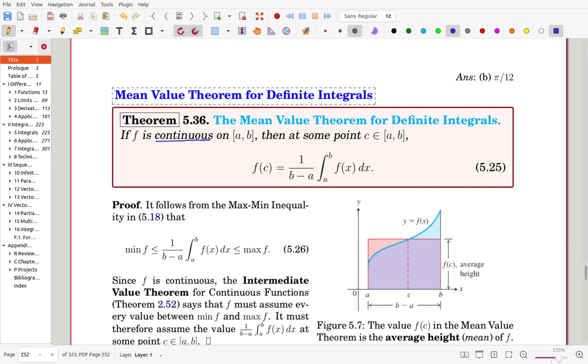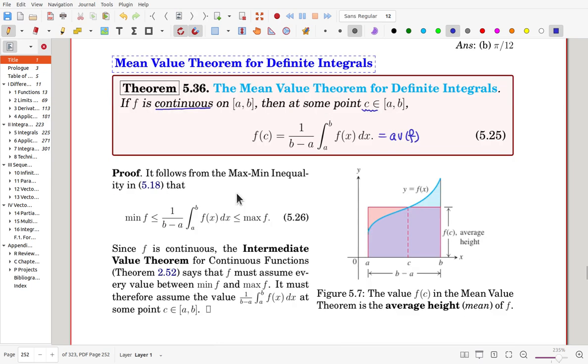Then there is a point C between A and B such that the function value at C is the same as the average value of f. It can be proved quite easily, so if you are interested, try to read the proof.